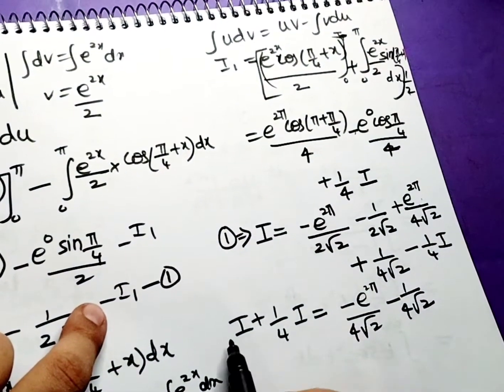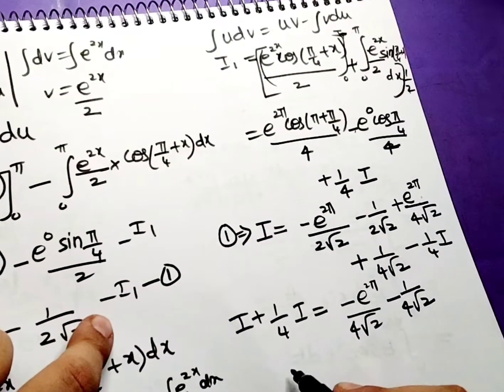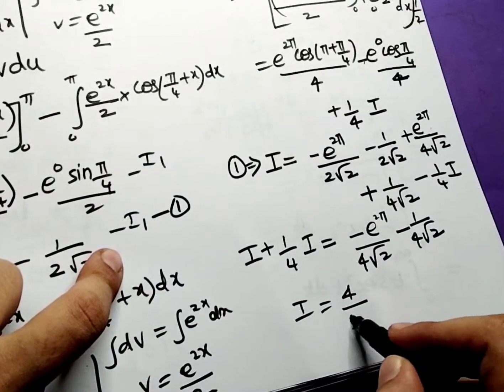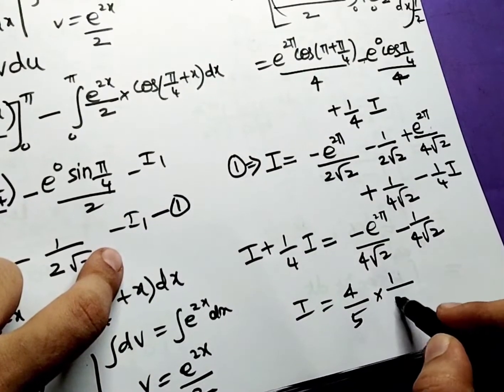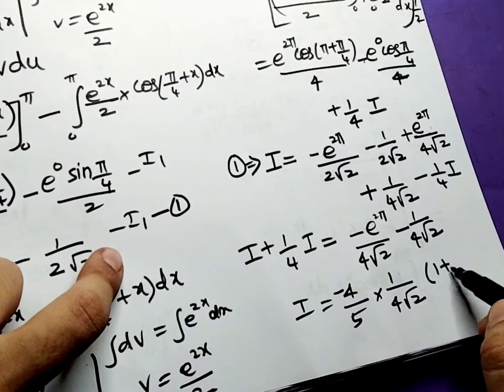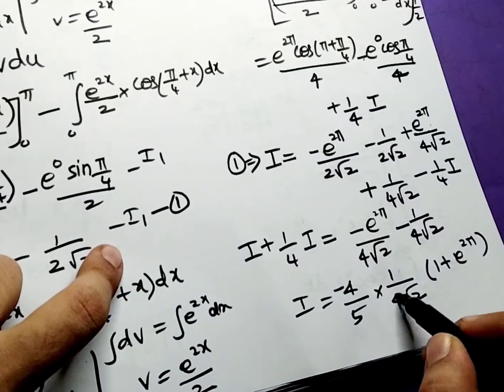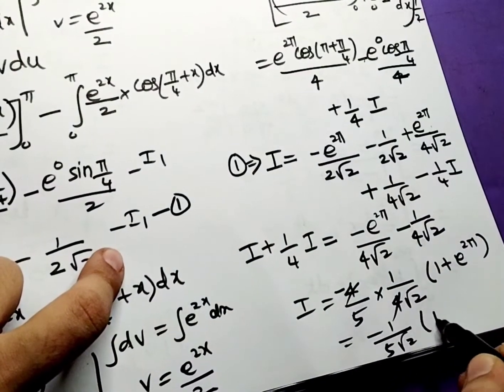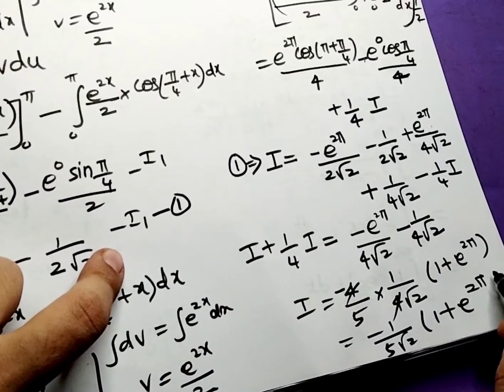Okay, when we take the LCM here, it is 5 by 4. We'll take to the other side. It is 4 by 5. And we have the LCM 1 by 4 root 2. You can take minus also as common. So 1 plus e power 2 pi. 4 and 4 gets cancelled. So it is minus 1 by 5 root 2 into 1 plus e power 2 pi.